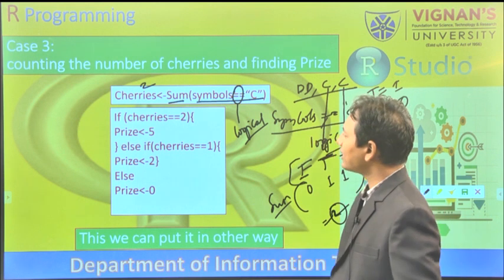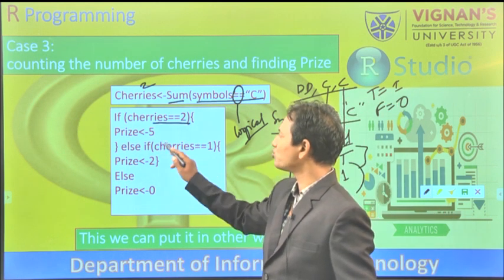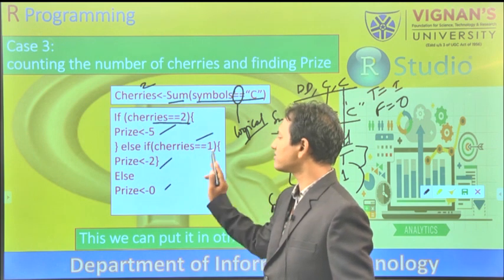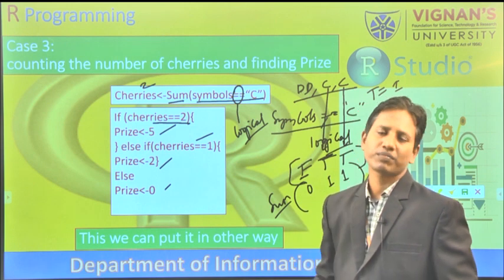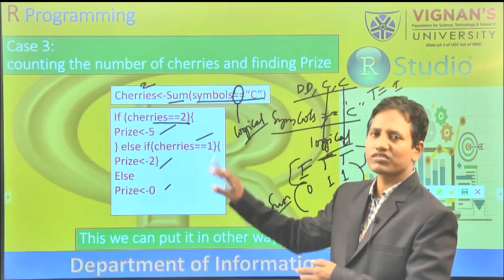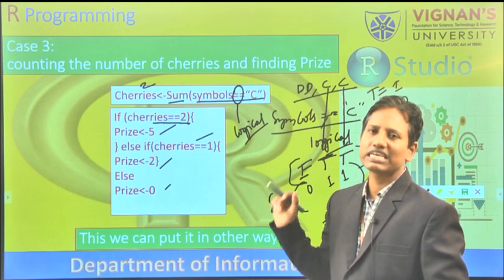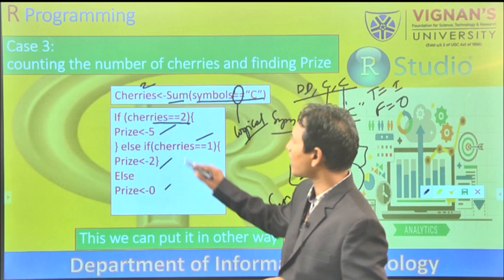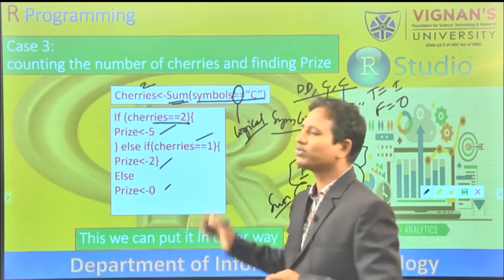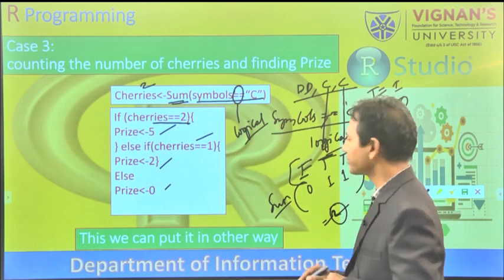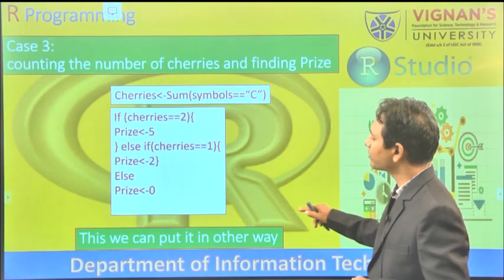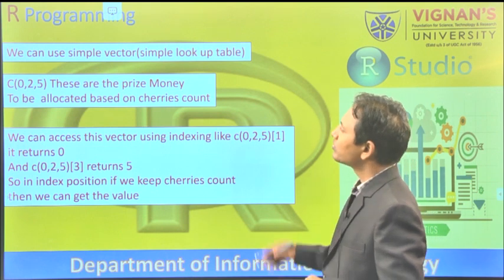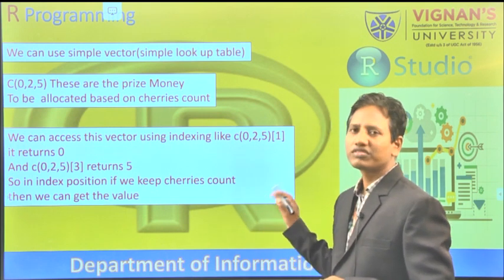Okay. And the other 2 conditions here: if cherries equal to 2, then price is 5, else if cherries equal to 1, it's 2, else 0, the prize money will be 0. These are 2 sub conditions under this case 3. So here the code we have to understand is how this sum and this logical operator are going to work together.